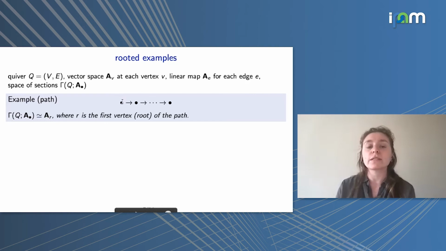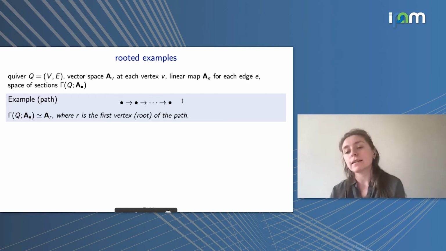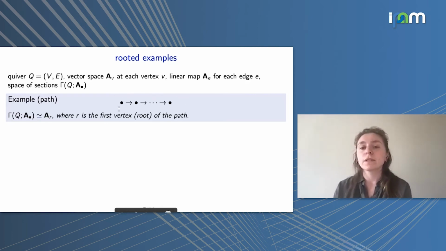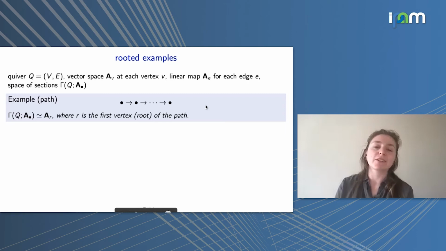Well, for any choice here, you could just sort of percolate it down to get a section across the whole quiver. And then, conversely, if you have any section, it's determined by whatever value it takes in this first vector space here. So for a path, this question of determining the space of sections is not so difficult. You just look at the first vector space.